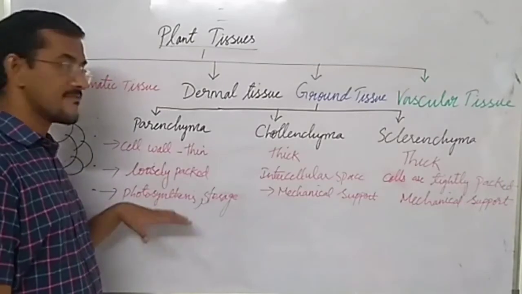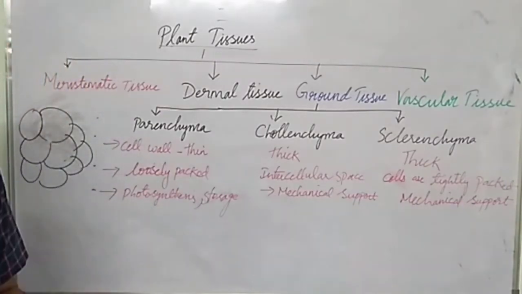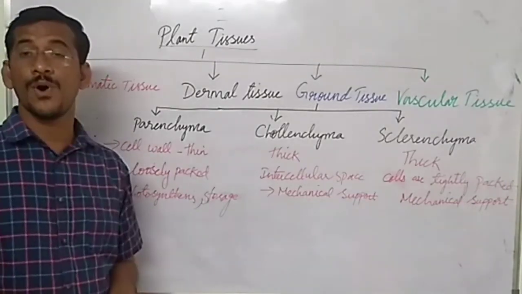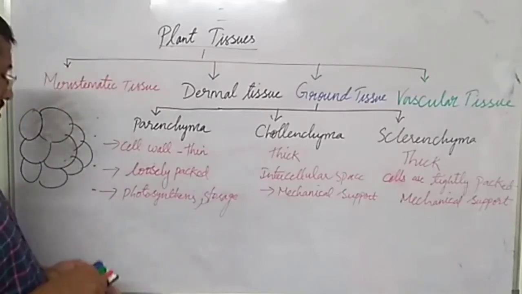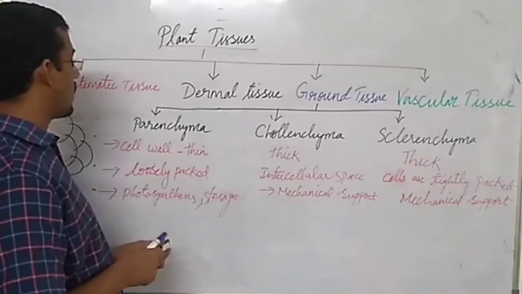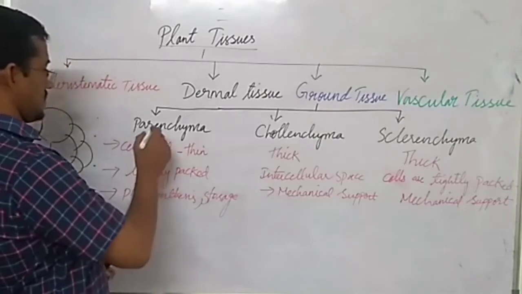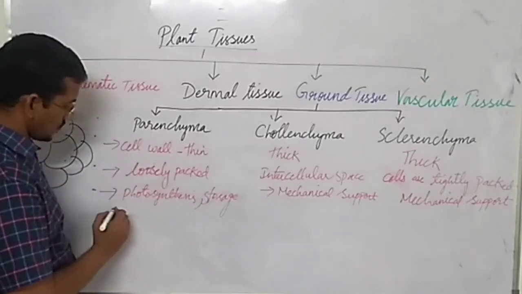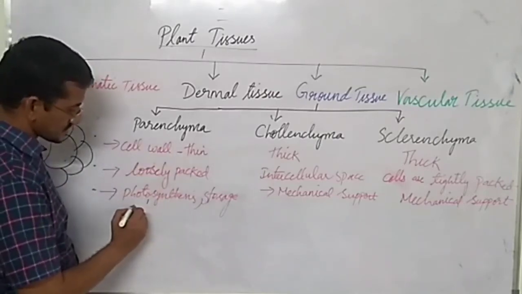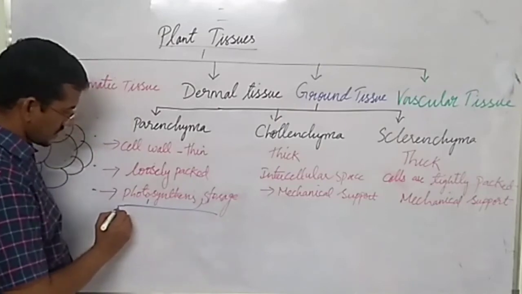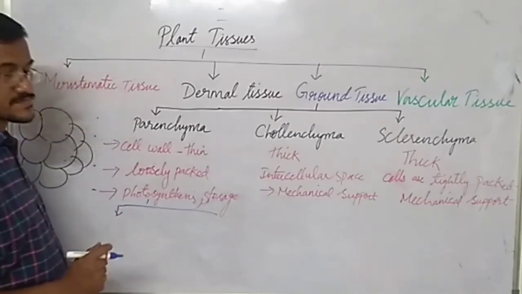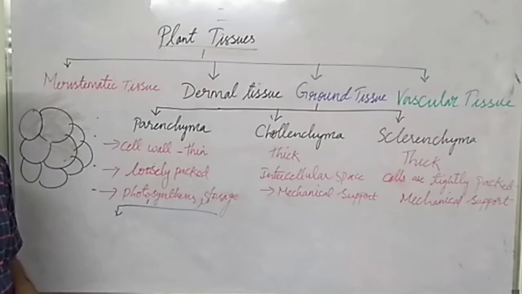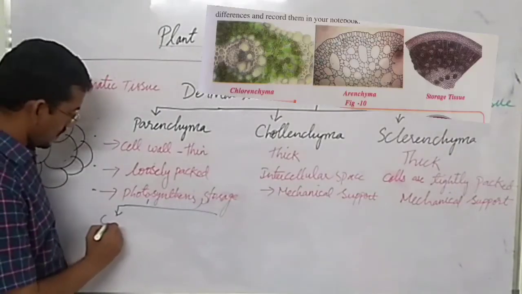Now, parenchyma cells are further divided into three types based upon their functions. Okay, so what are the three types? Let us see. First one is chlorenchyma.